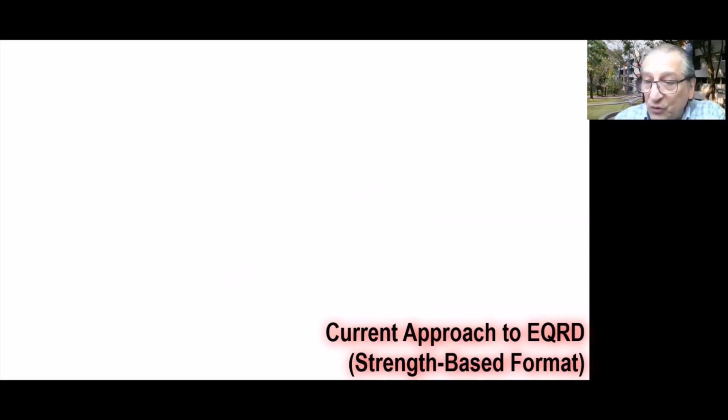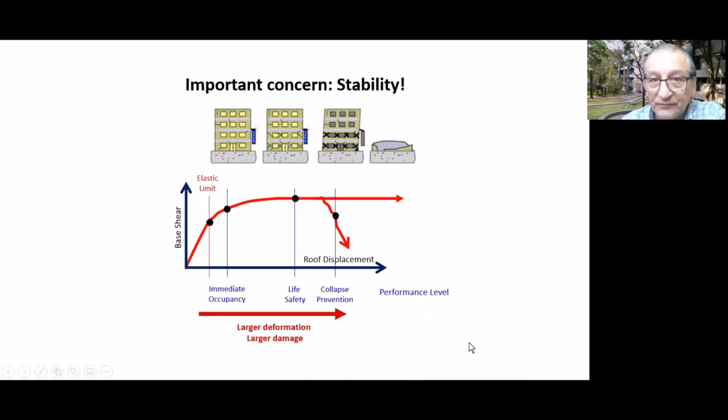So our current approach to earthquake resistant design, as we mentioned in one of the first slides, is based on a strength-based format. One important concern of ours when we use this format is stability, the stability of the structural system. What do I mean by stability? It is very important that our structural system is able to develop its full lateral strength.